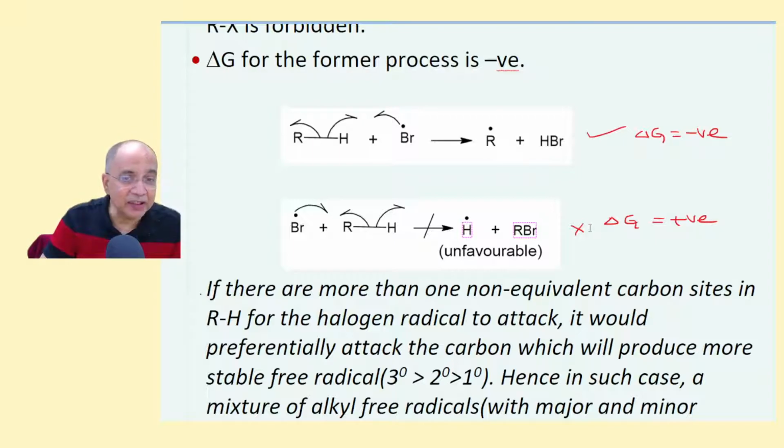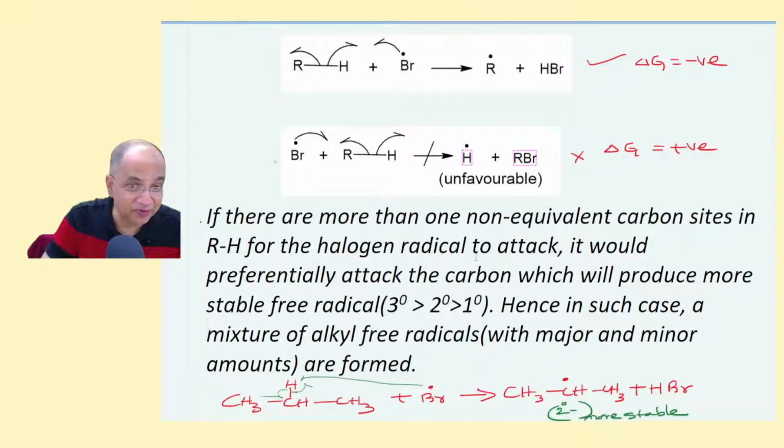And in fact, delta H is also positive and delta G is also positive. So this is thermodynamically forbidden. This delta G is highly negative, so this process occurs, this doesn't.